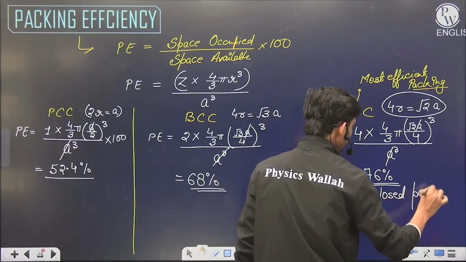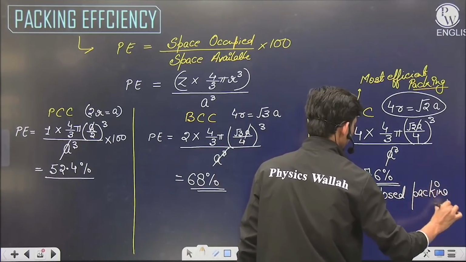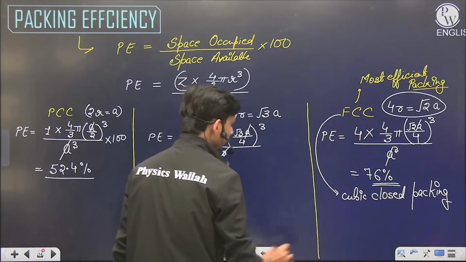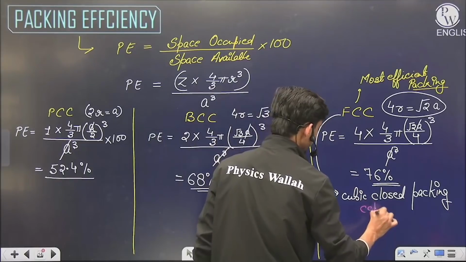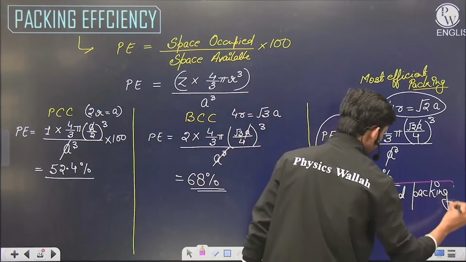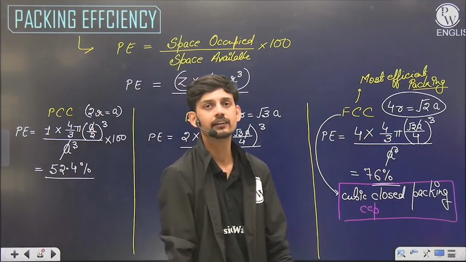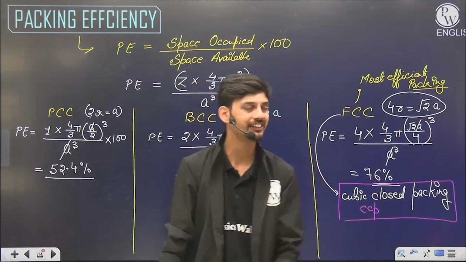This is the most efficient cube. That's why it is called cubic close packing. So if a question mentions CCP, cubic close packing, then it is mentioning the FCC unit cell.